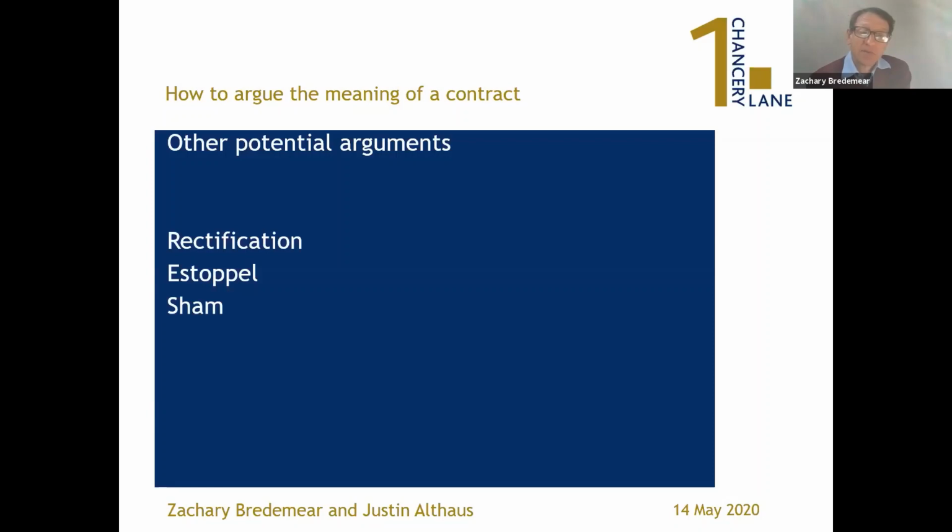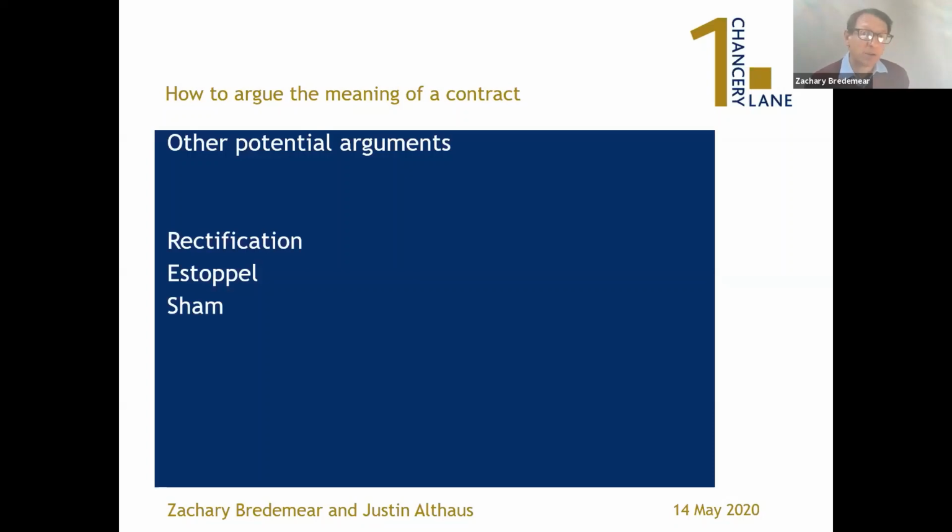And it seems to me that there might be 2 reasons why you might choose not to. One would be the additional expense you, your client, would incur of running rectification, because you would be opening out a broader area of factual dispute. And you might prefer not to do that for various reasons. The other possibility is that there may be things within the material which will become admissible because you argue rectification, matters that you didn't want the court to see for some reason.